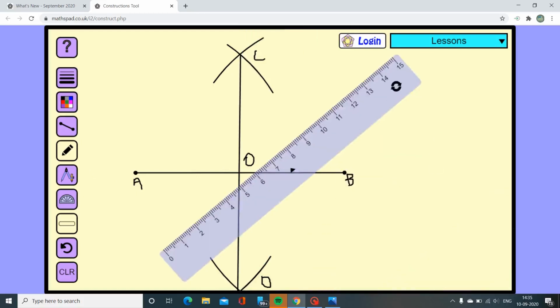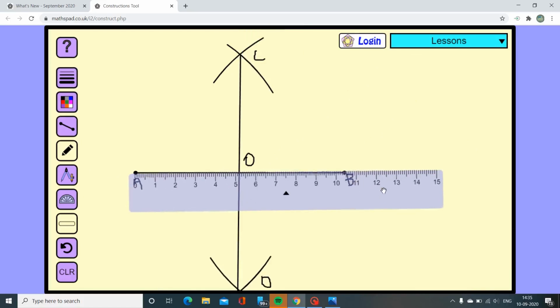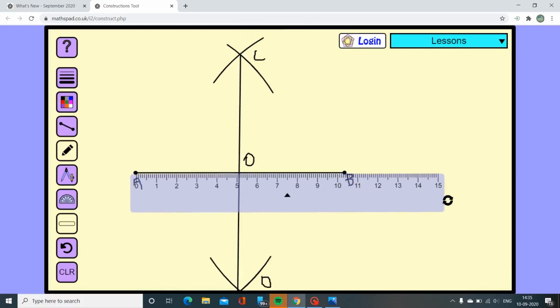This is the line segment with 10.4 centimeter. 10.4 divided by 2 is 5.2. Yes, now our line is correct. Am I clear, children? Right.